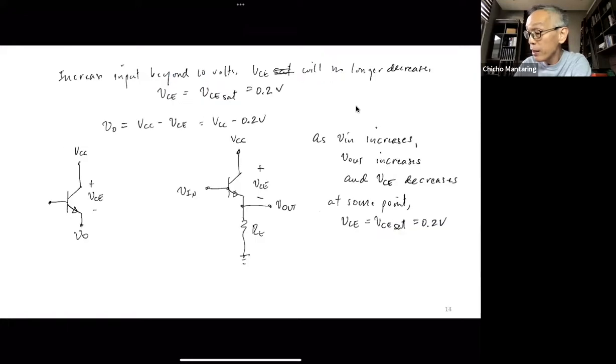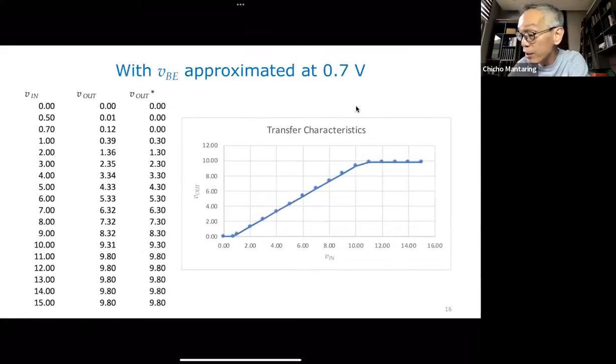Now in this third column, I used a different model of the transistor, which just simplifies things. It just says that in conduction, your base emitter voltage is equal to 0.7. So I just wanted to do this for comparison.